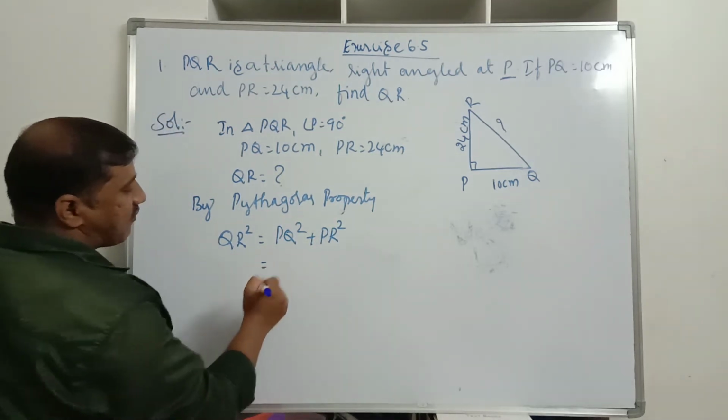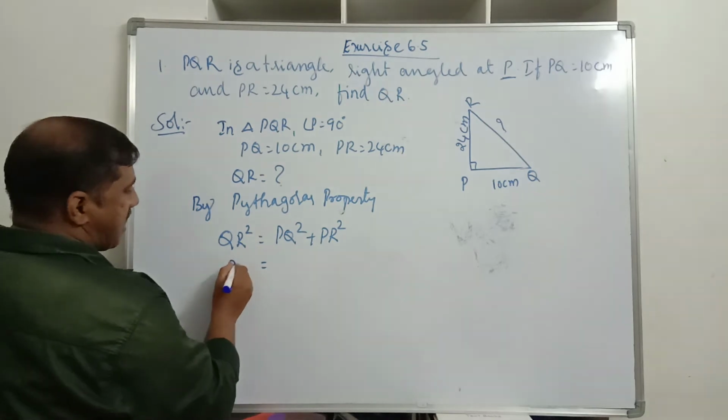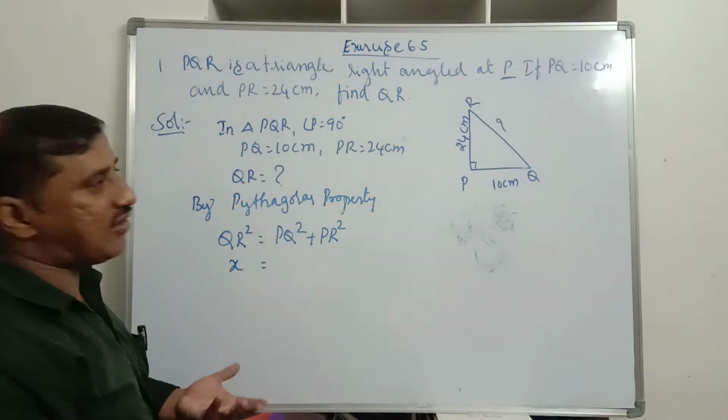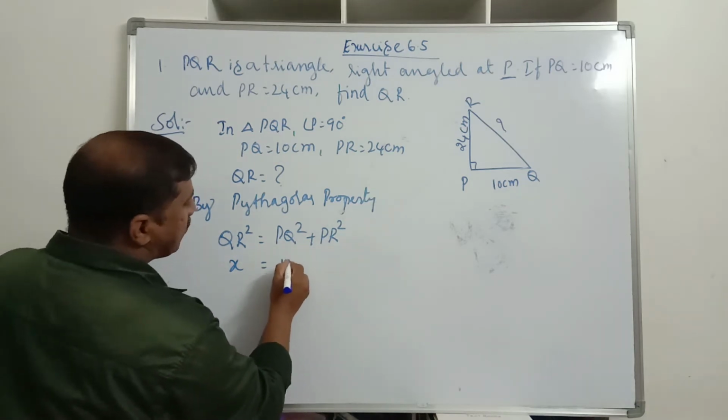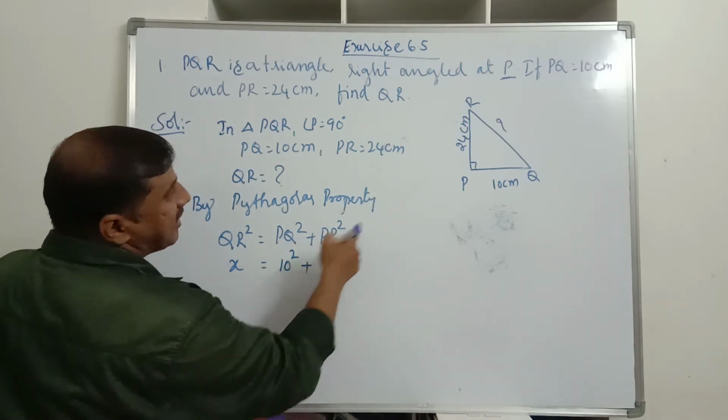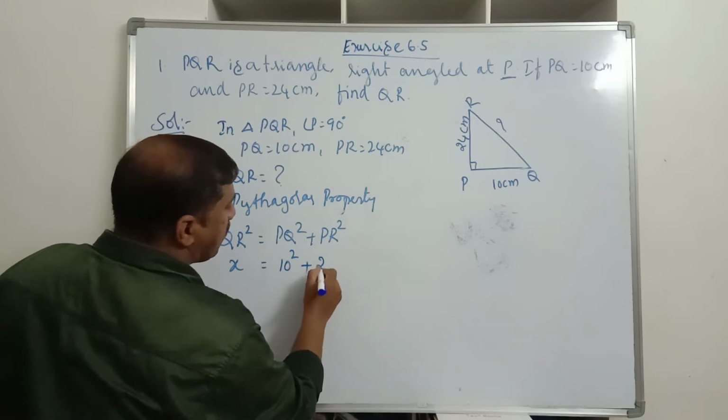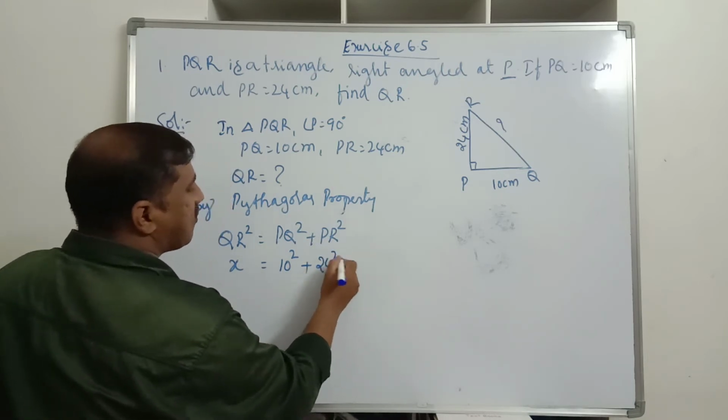QR we have to find, we don't know. Let it be X. We are taking this as X because we don't know. Now PQ is equal to 10 centimeters. PQ square means 10 square, plus PR is equal to 24, therefore PR square means 24 square.